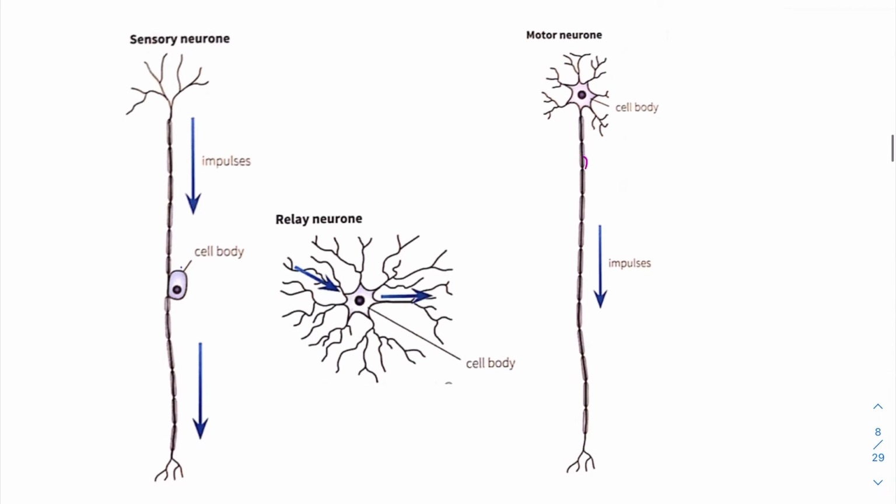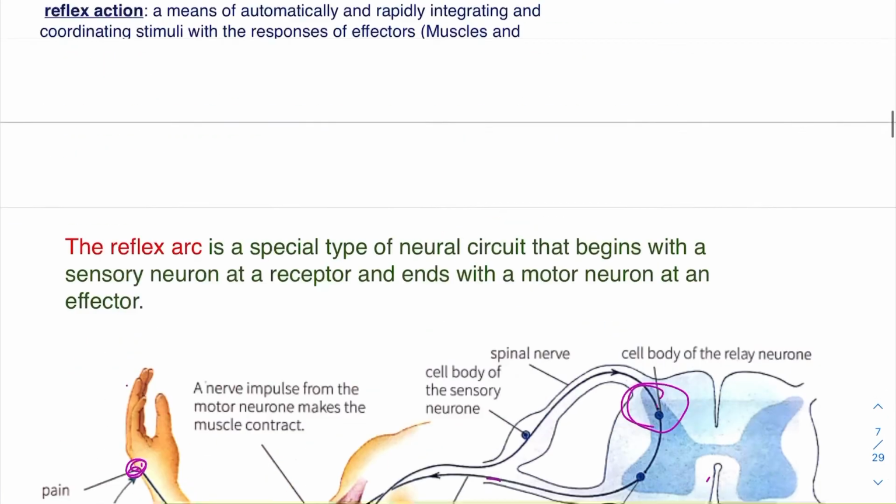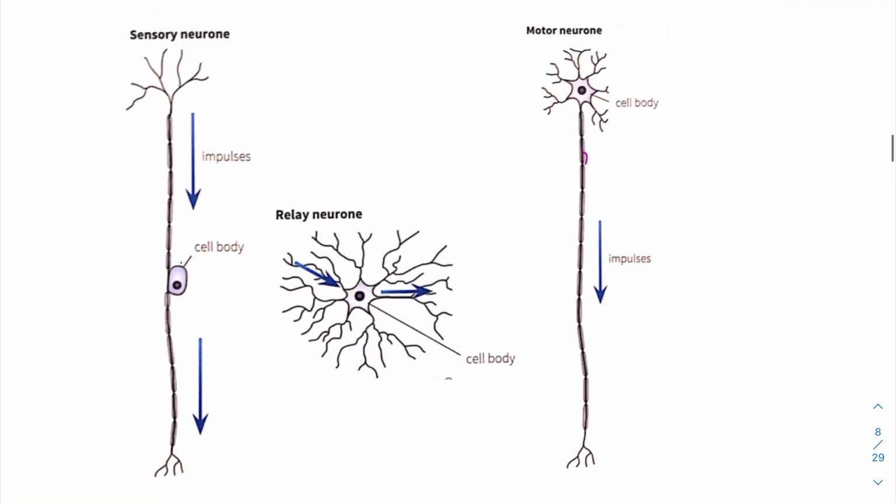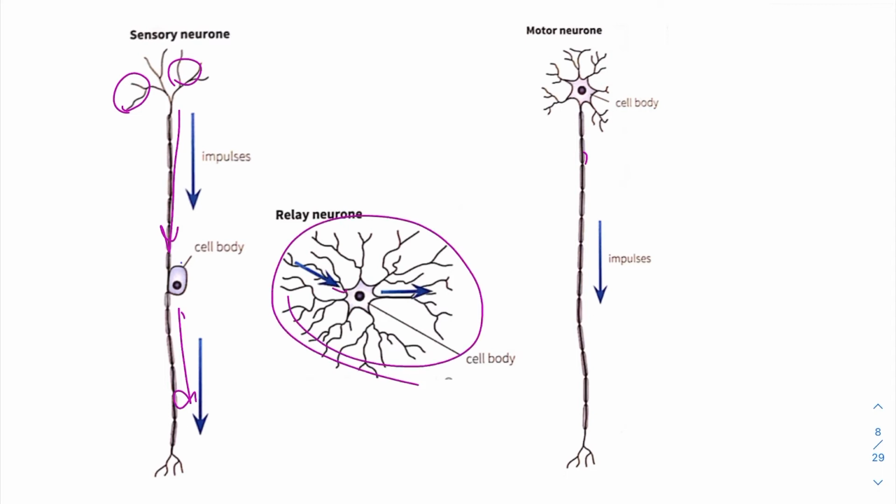As you see, there are three types of neurons we were talking about here. One is sensory neurons, which get the signals by these dendrites, and then they send the signal to a relay neuron, which is in your spinal cord or the central nervous system.